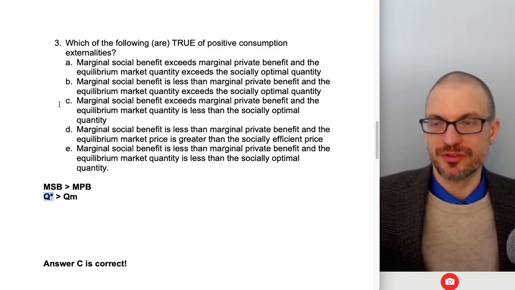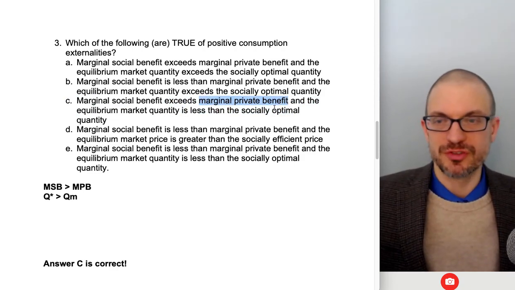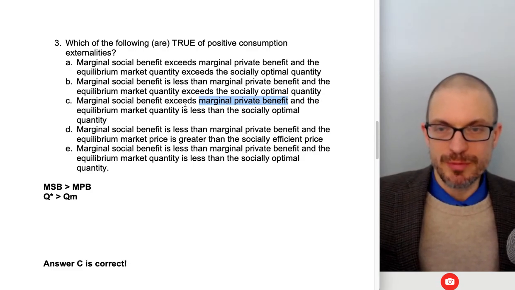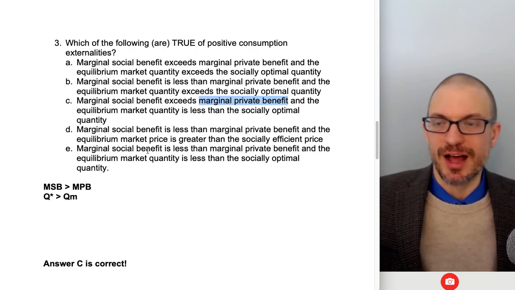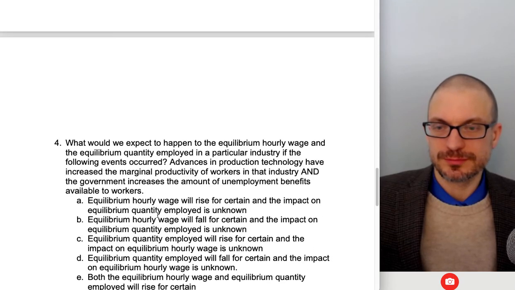This happens with answer C. Marginal social benefit exceeds marginal private benefit. There's this additional external benefit that's greater than the benefit captured by the individual, by definition a positive externality. And the market equilibrium quantity is less than the socially optimal quantity. That's also a consequence of the positive externality structure. So answer C is correct.